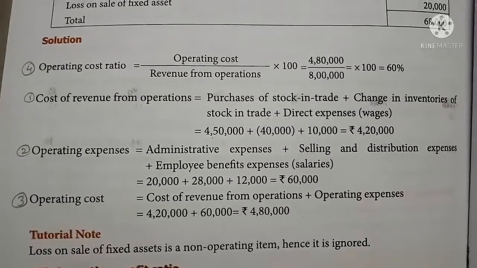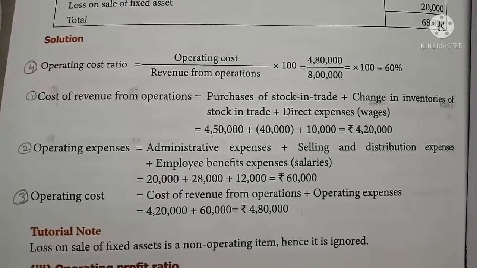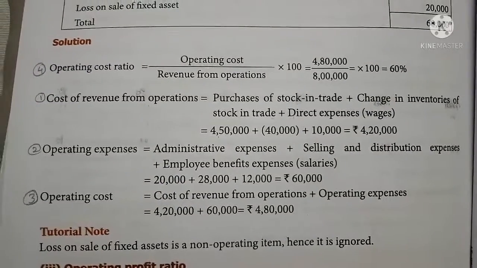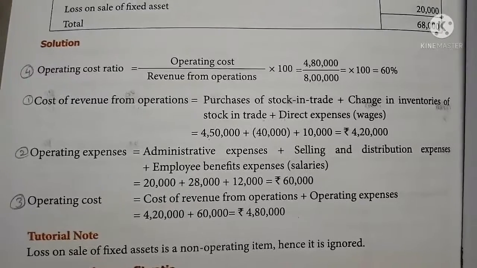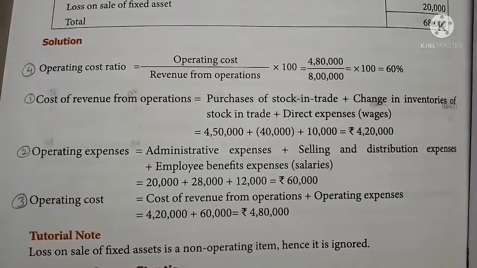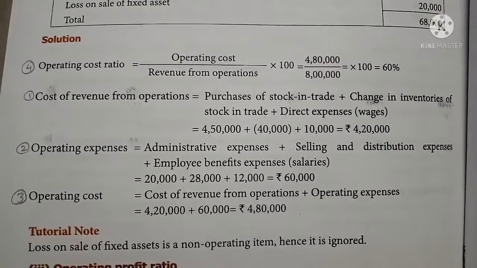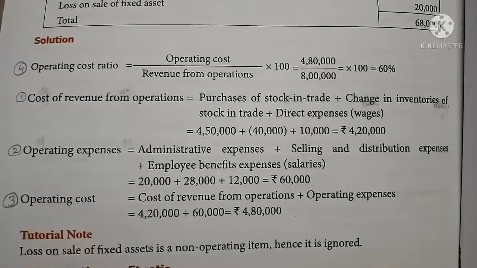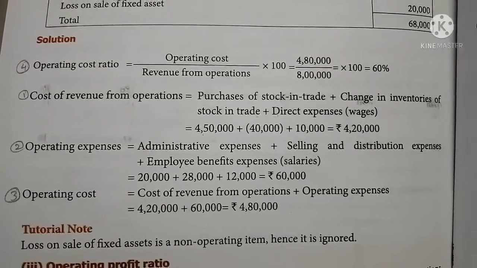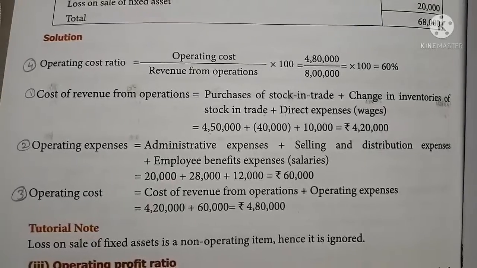So likewise, you can go through these two example sums in this video, understand them, write these two sums in your accounts sum assignment notebook, and try to work out exercise sums also related to these problems, that is gross profit ratio and operating cost ratio.